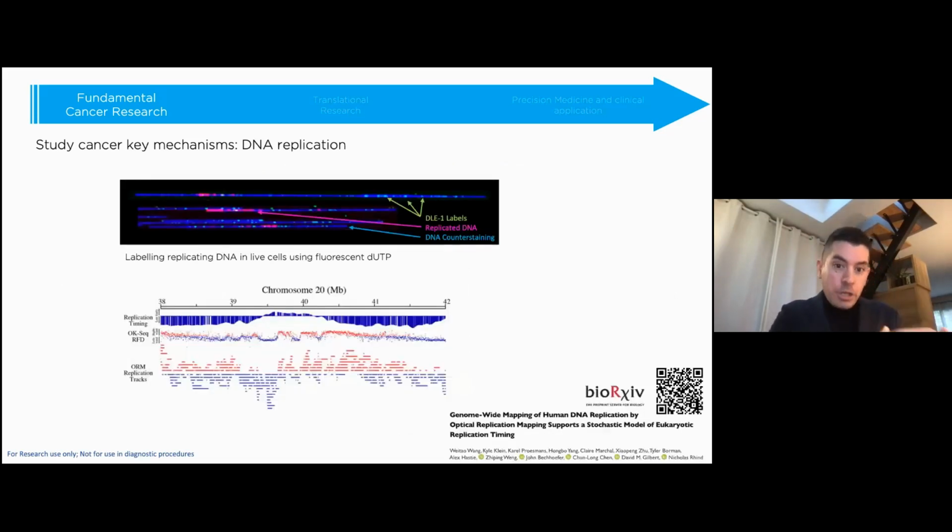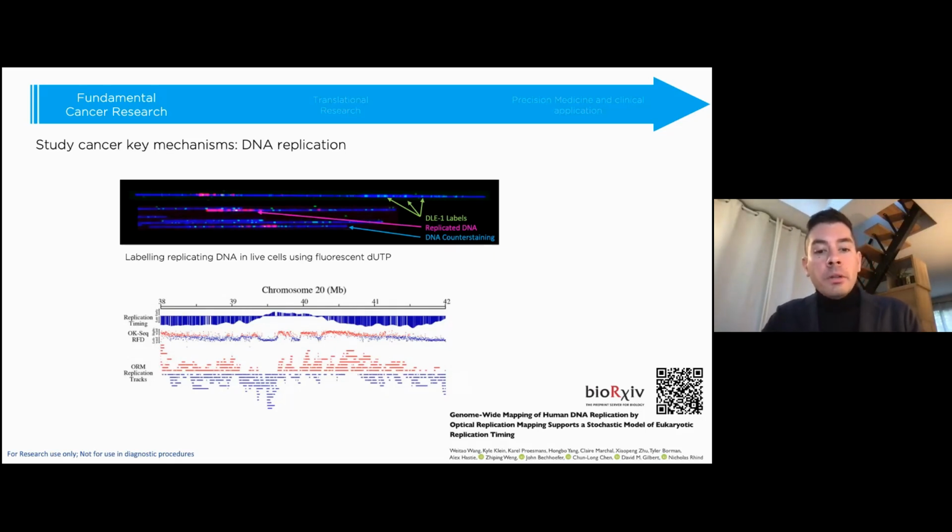DNA replication is also a major target for a new generation of drugs in personalized medicine. For example, being able to monitor replication progression allows us to understand the replication timing in genomes, identify fragile sites, but also assess the efficacy of drugs targeting DNA replication and DNA repair.